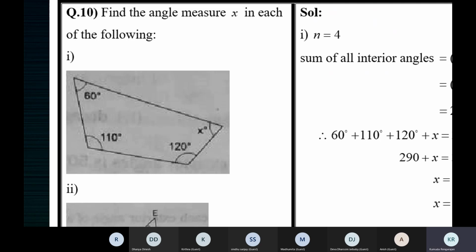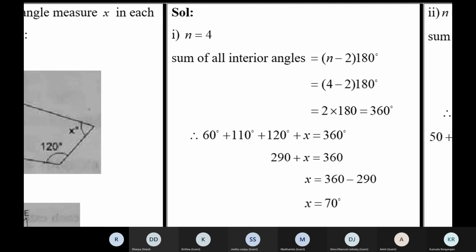Please draw the figure, a rough figure. Completed first one, ma'am. Okay.